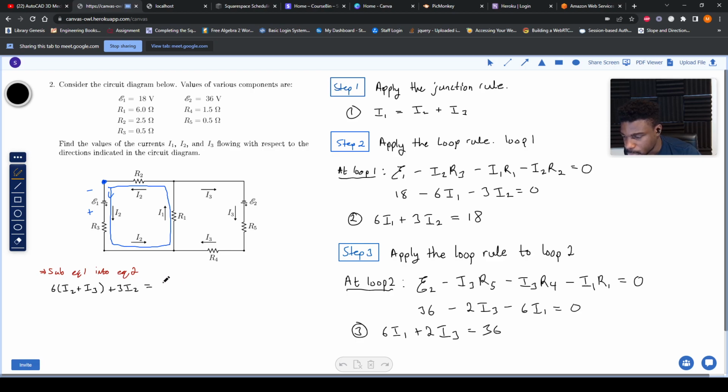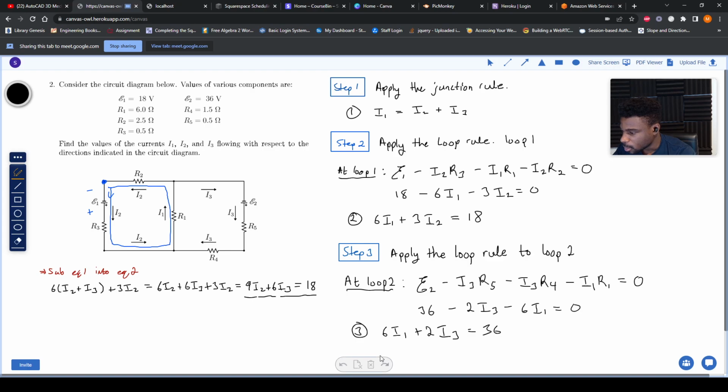We can combine the like terms here, so we have 9I2 plus 6I3. And equation 2 says that should be equal to 18, right? Okay, so we're going to come back to this in a sec.